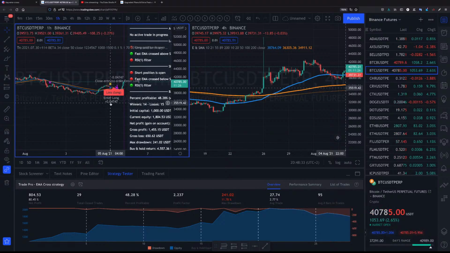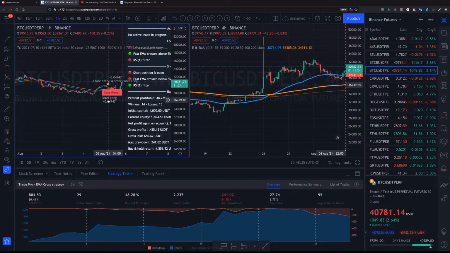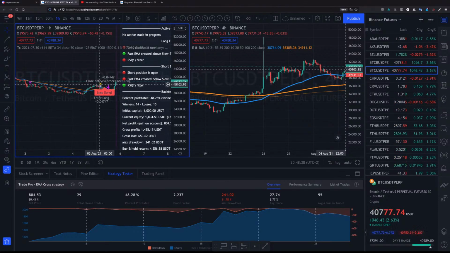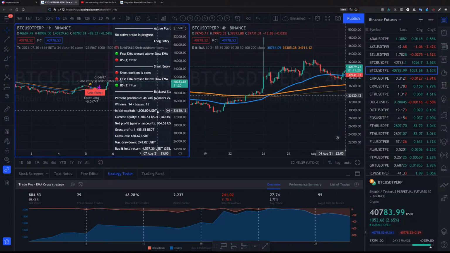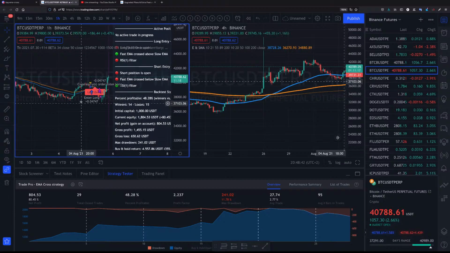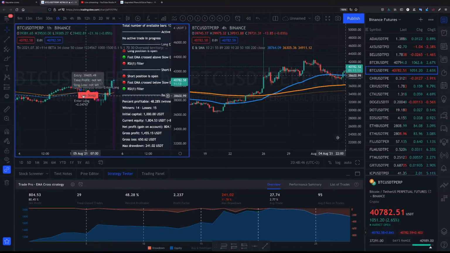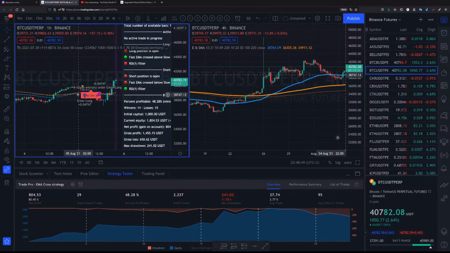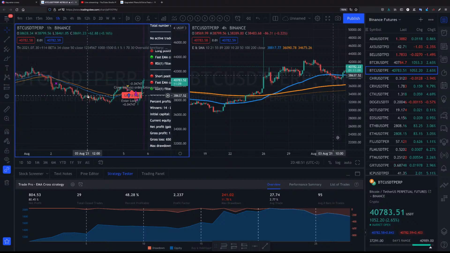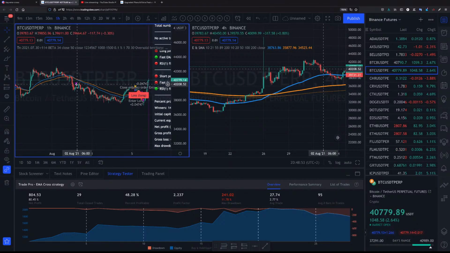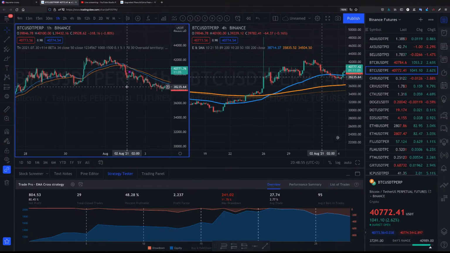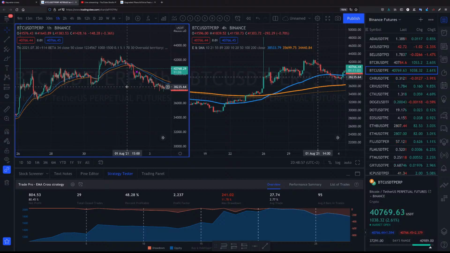Oh, enter long. Okay, it's another one. Close entry. It would have been here. I get it. Yeah. There are two close entries right here. Yeah, no, it's here. It's here, the magenta.